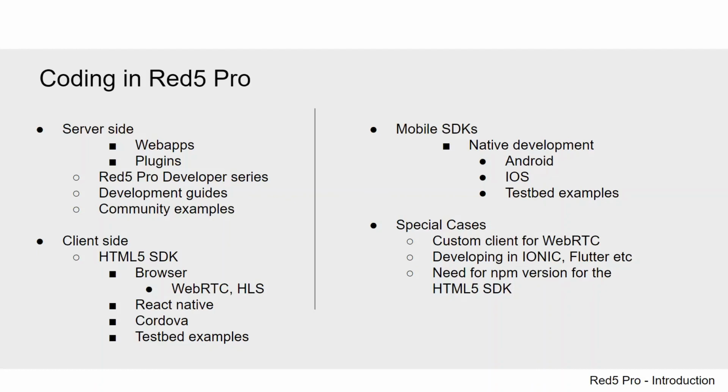The other thing which is very commonly requested is for people who are developing whether it is on cross-platform frameworks or trying to create application using Angular, React, etc. If you need NPM version of the HTML5 SDK, it is not exactly available at the moment, but I'm pretty sure it's going to be available online very soon.